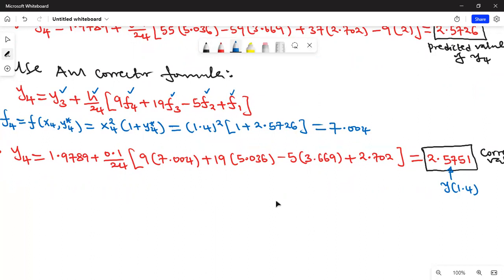And also take note that the derivation of the predictor-corrector formulas, you can find them in my PDF notes. So just take some time and go through the notes to understand how we are deriving those predictor-corrector methods, both Adams-Bashforth, Adams-Moulton, and also the Milne's predictor-corrector methods.